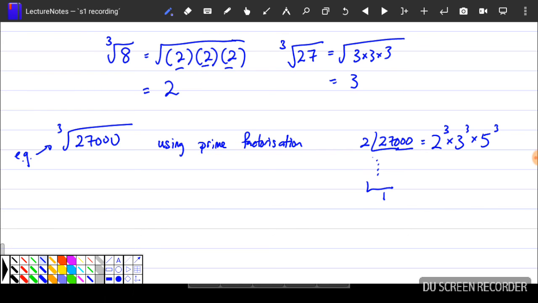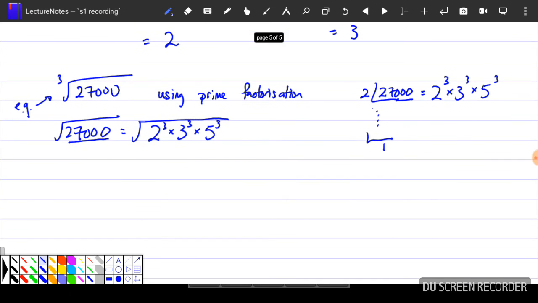So how do I present my answer? Very simple. I will take 27,000 is equal to, first I break this number into the prime factorization. So this is 2 cube times 3 cube times 5 cube. And I ask myself, if I were to split this number into 3 brackets with the same number in each bracket, I have to split all these numbers into the 3 brackets.